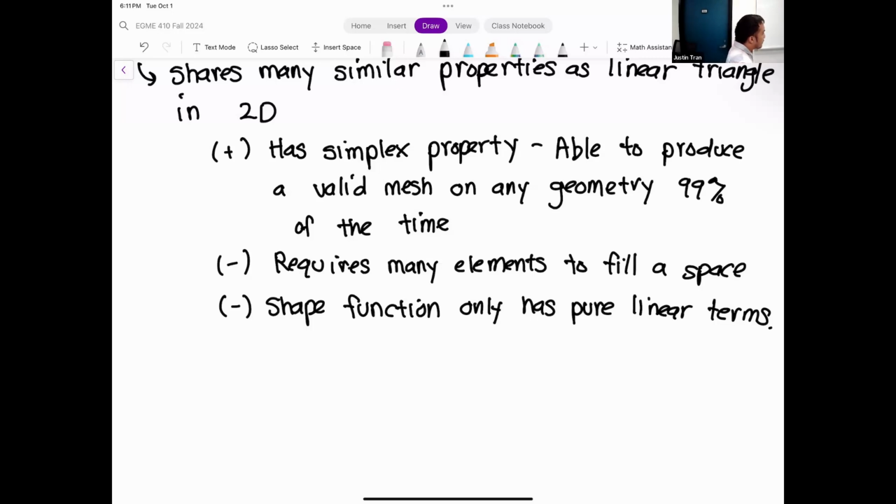So if we look back at our shape function, there's a term that's linear in x, a term that's linear in y, a term that's linear in z, okay? And we have the constant term. And so, when you have a situation like this, whenever you take any derivative quantities, they're going to be constant in the element itself.